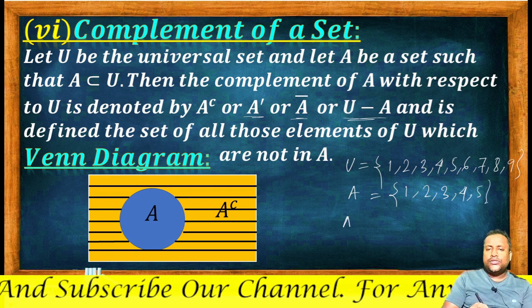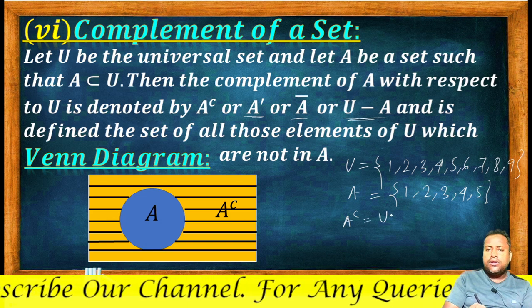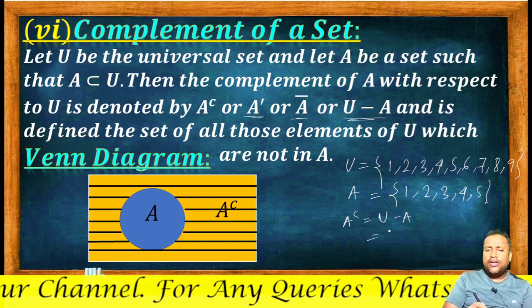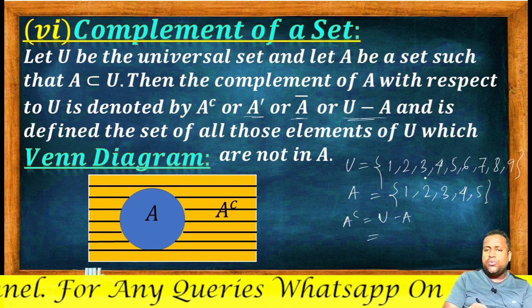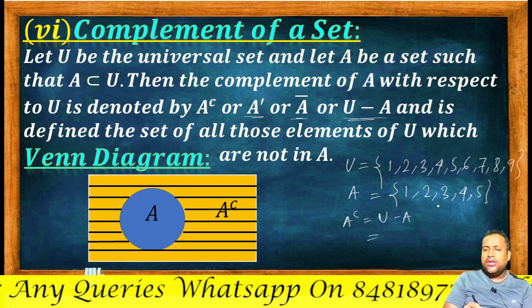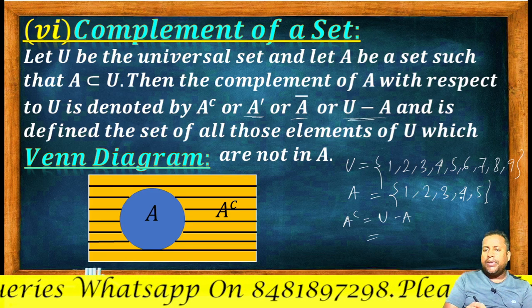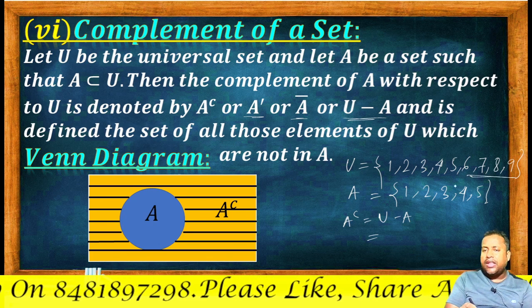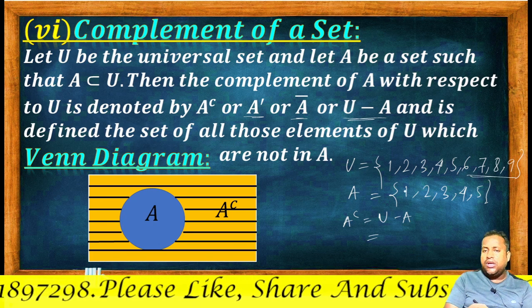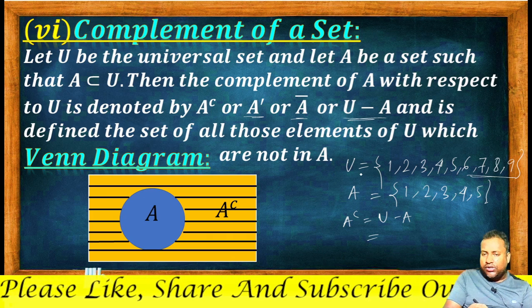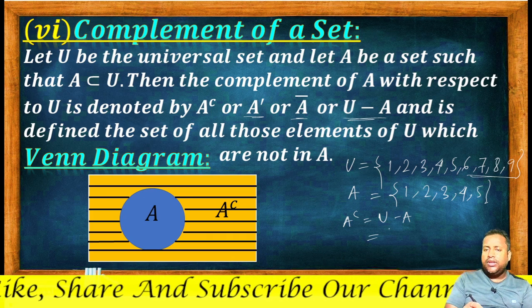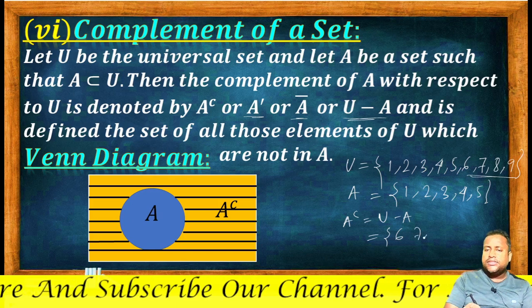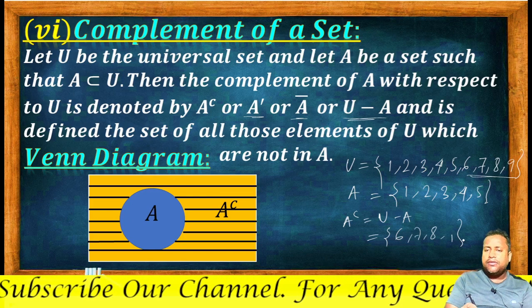So A complement will be U minus A. U minus A means all those elements which are in U but not in A. So clearly here 6, 7, 8, 9 are only in U but not in A. So A complement will be {6, 7, 8, 9}.